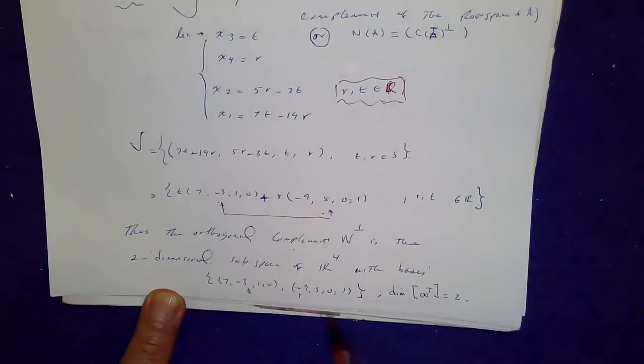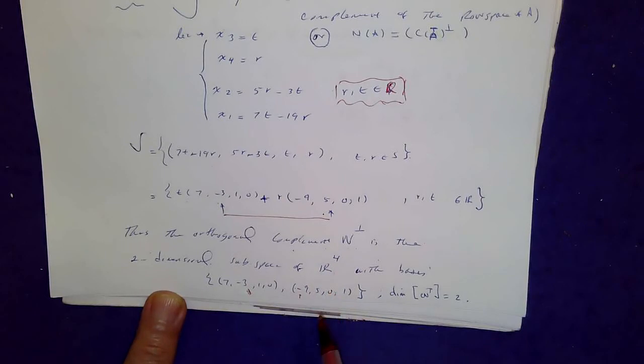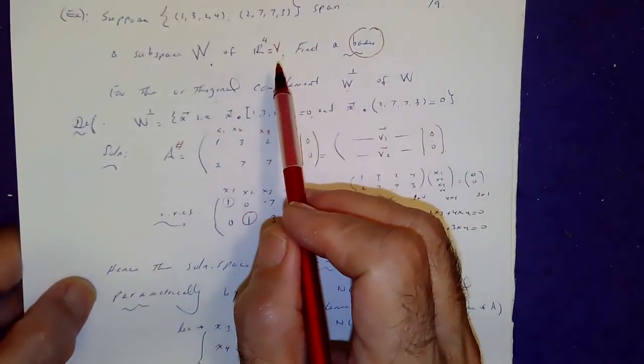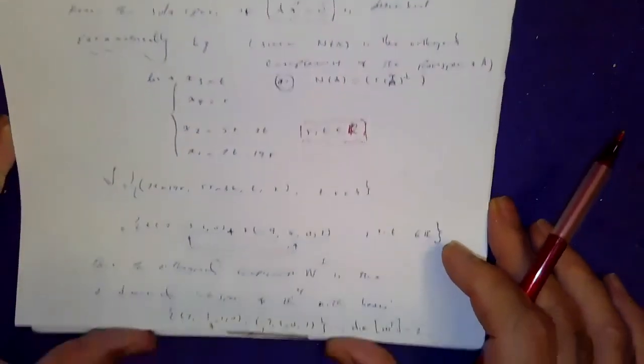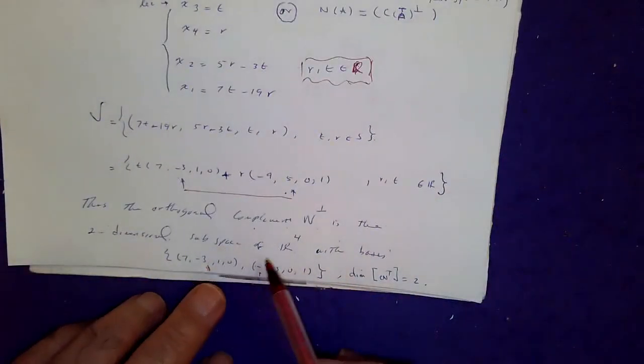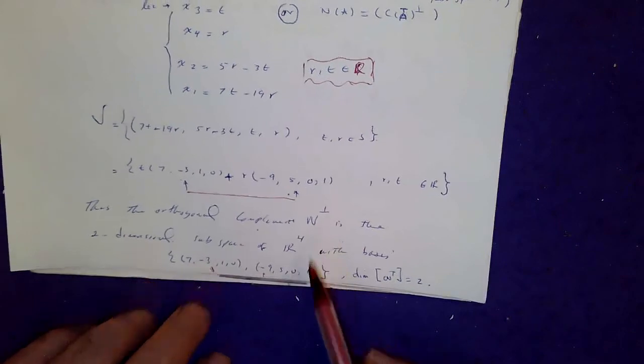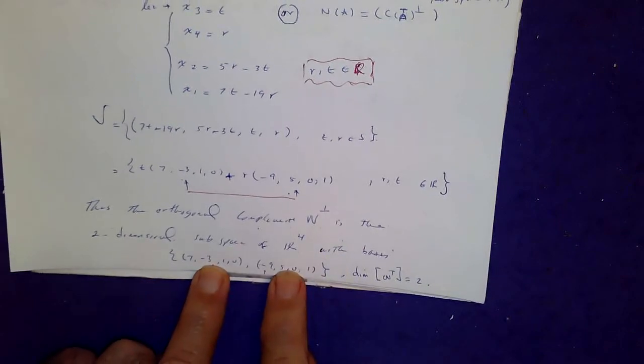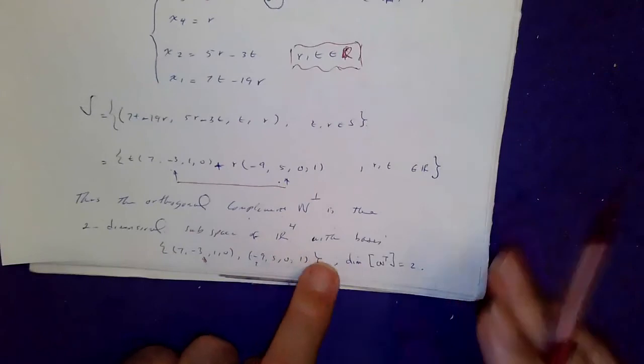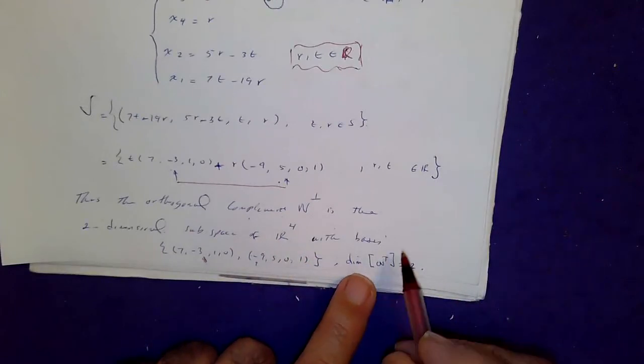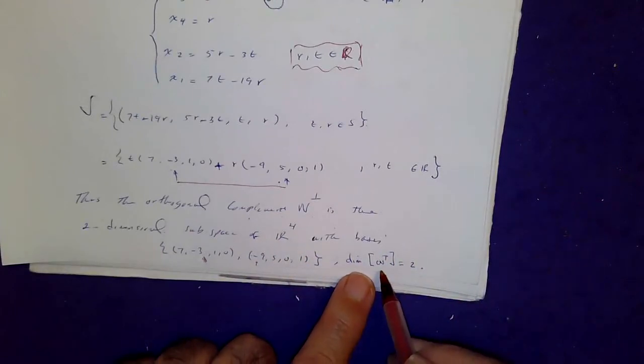The conclusion here: these guys form a basis for the orthogonal complement of W, the subspace of R4. So the basis for the orthogonal complement of W has these two vectors in it. Therefore, the dimension of the orthogonal complement of W is 2.